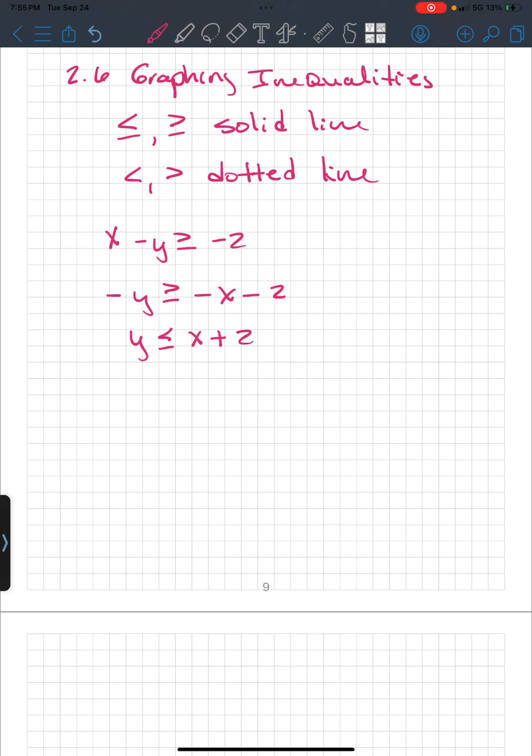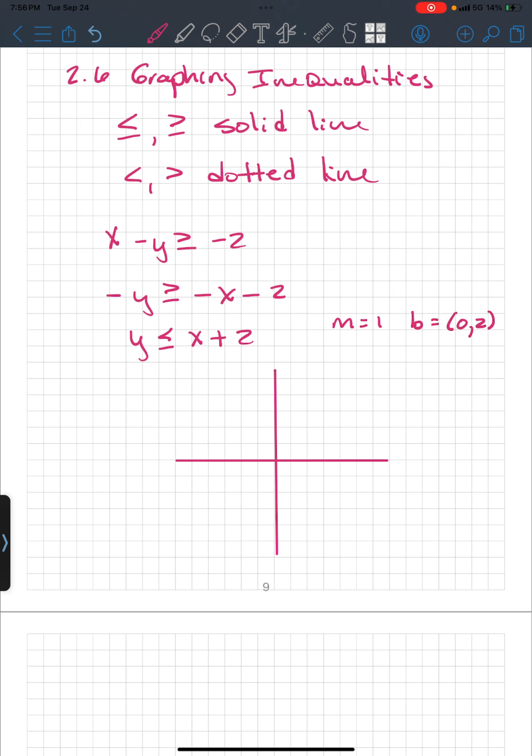So now I'm going to graph this. And because there is an equal sign underneath the now less than sign, it is going to be a solid line. So my m is 1 and my b is (0, 2).